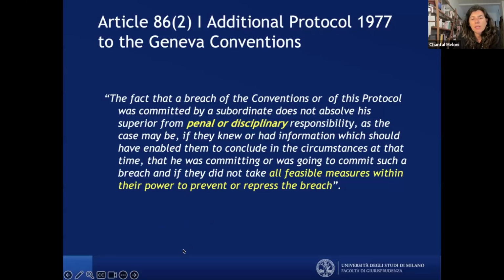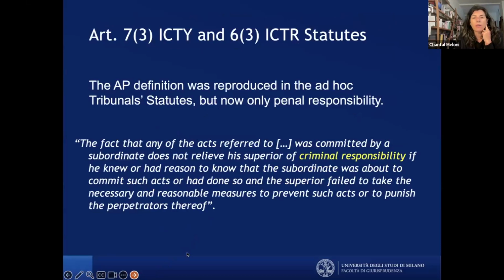So what you can notice is that at the time, in 1977, the Geneva Convention additional protocol was not clearly talking about criminal liability. It was penal or administrative.